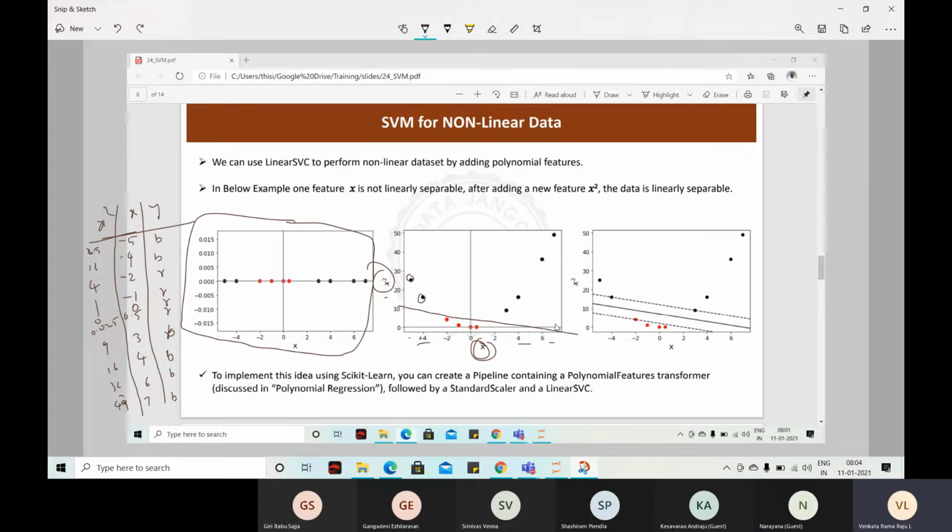Okay, in logistic regression I showed you, right? 1 by 1 plus e power minus x1 square minus x2 square is a circle, right? I don't know whether you remember that diagram, when data was like this.